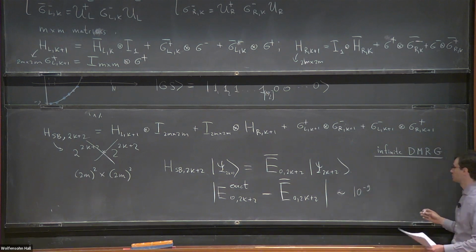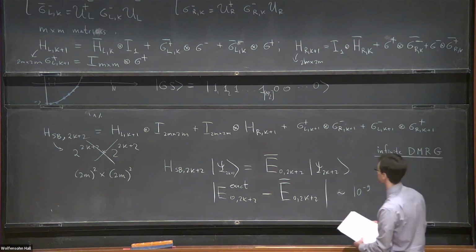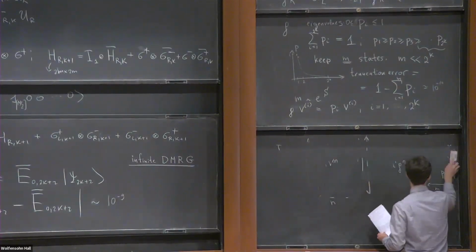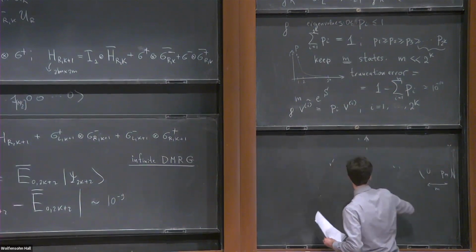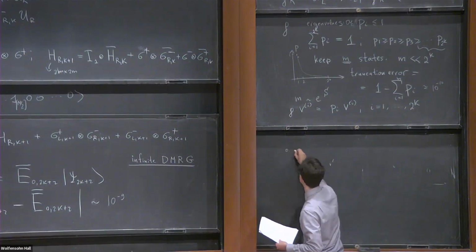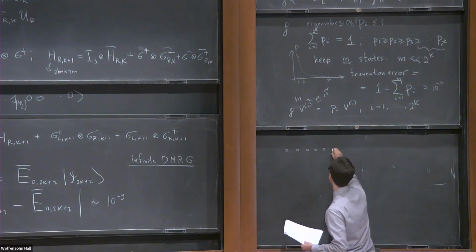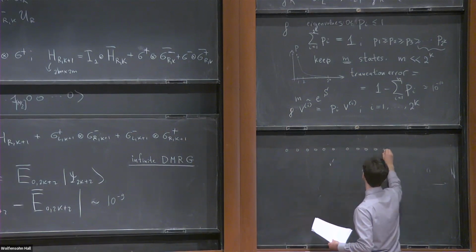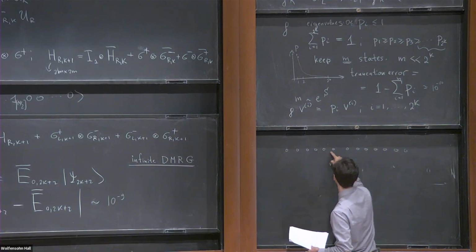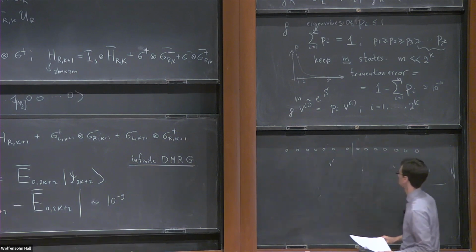So the finite DMRG, I don't have much time, but let me just quickly say what it does. In finite DMRG procedure, we keep chain size fixed, and let's say we build our chain to something like this, left and right.